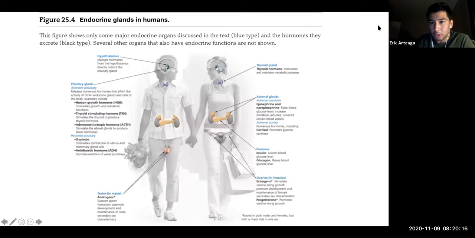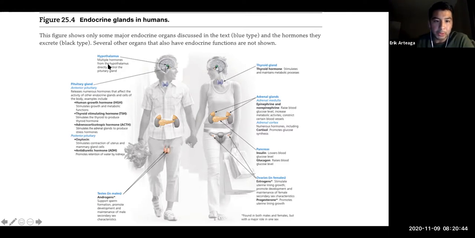Okay. So here we have multiple different endocrine glands in the human, right? So we have some organ systems such as a pancreas and stomach that are going to be a little bit different, right? They're going to have other organ functions. The stomach is housing the food, and the pancreas is going to be dumping those digestive enzymes in the duodenum, or they're also going to have the endocrine sides of it as well.